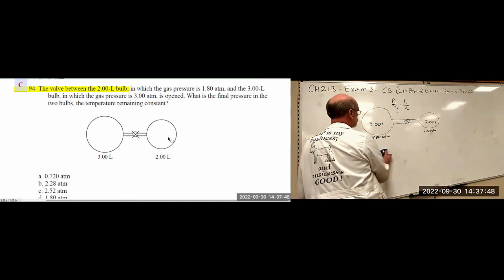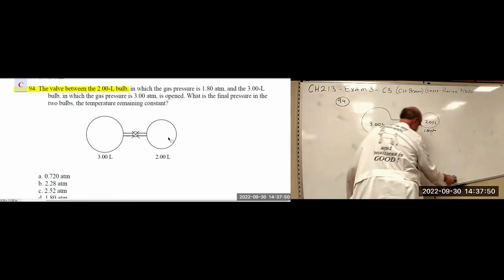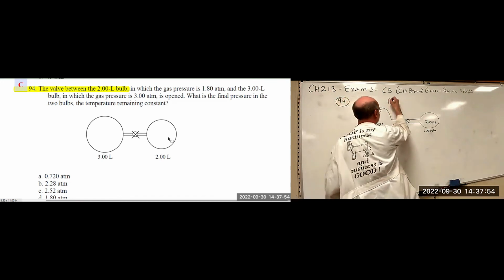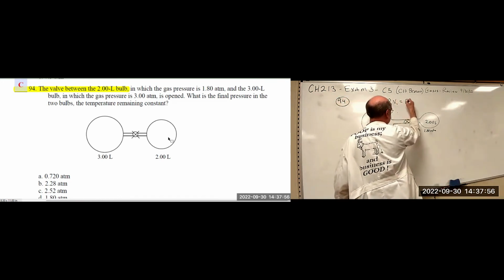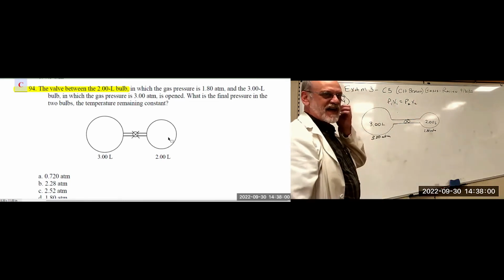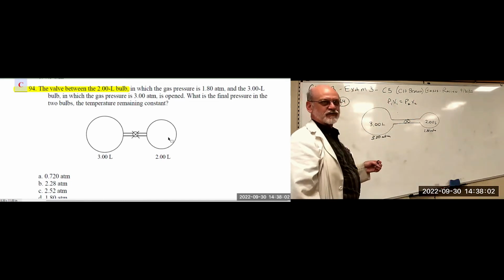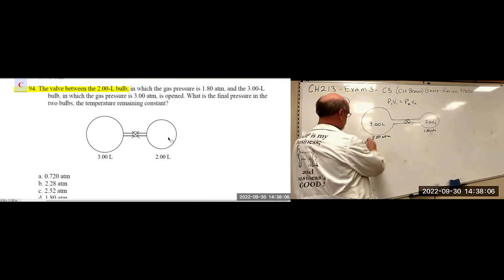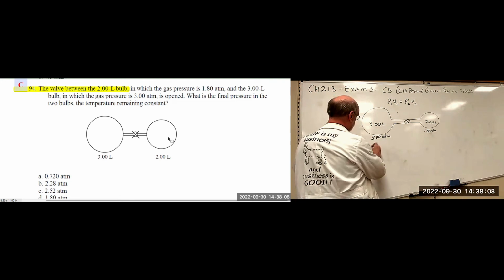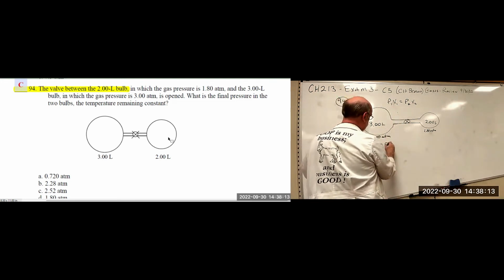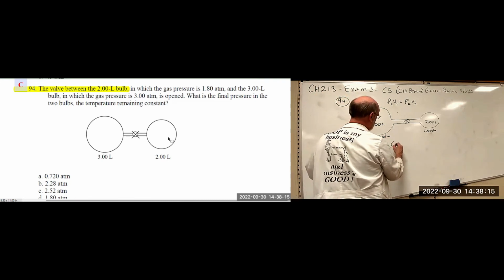What's wrong with this picture? Nobody caught me. P1 V1 equals P2 V2. I gave them a direct relationship and they're supposed to be inverse. Let's try that again. So 3 times 3 here, and then P2 times 5.